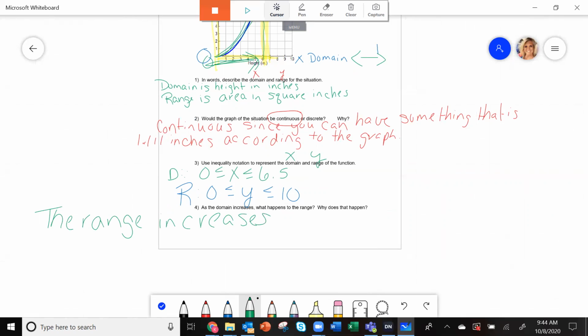The range increases. Okay, so as the domain increases, the range increases.